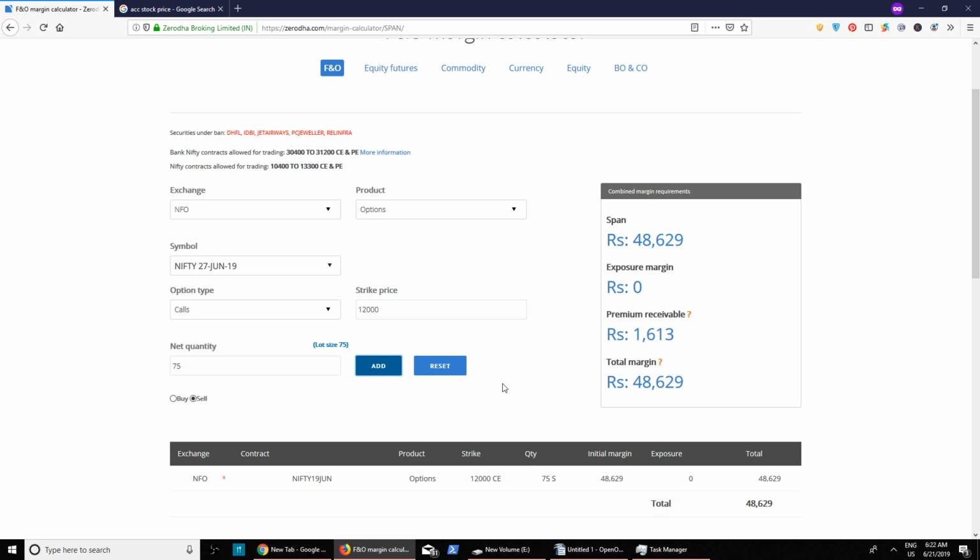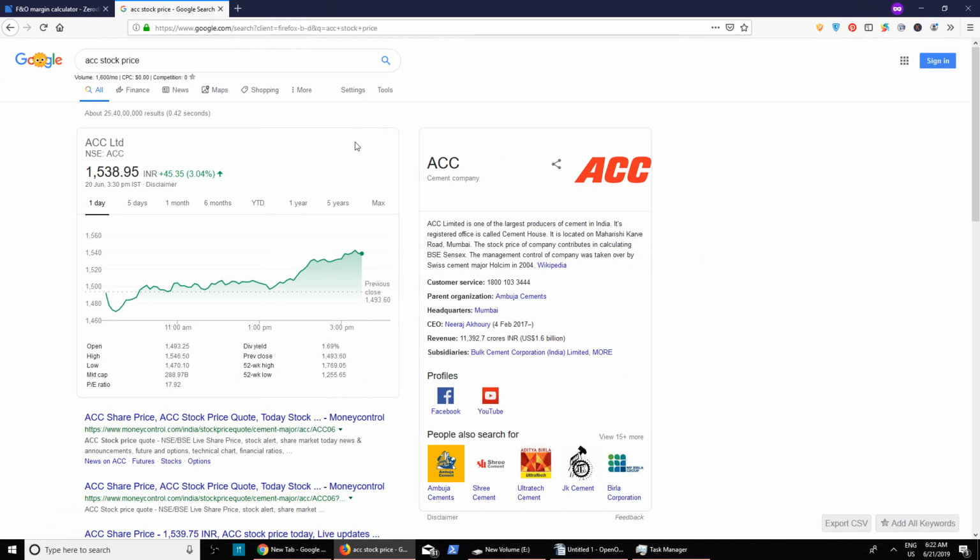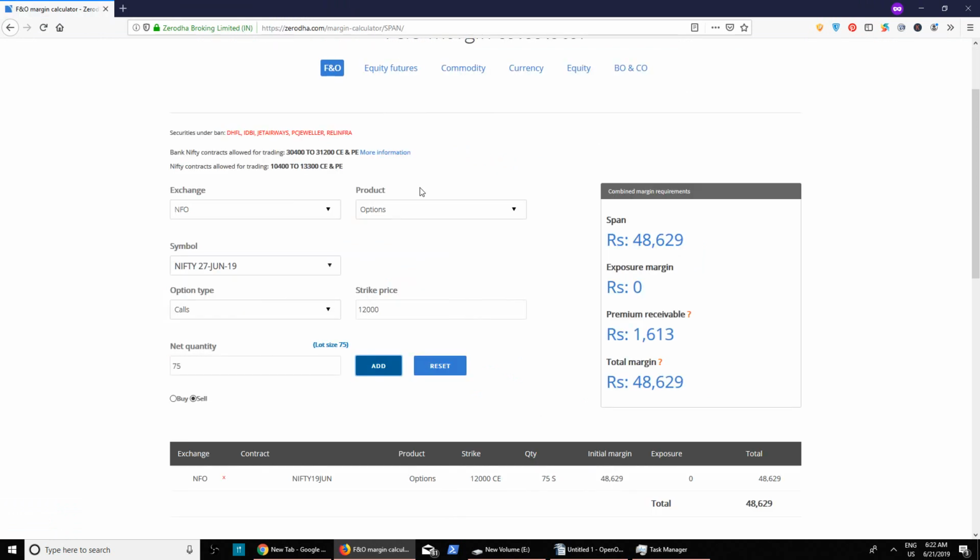Again, as I told you, there are times when the markets are range bound, so your view may not be accurate or 100% right. Whenever your view is not right while you're buying options, your probability of profit, POP, becomes less.